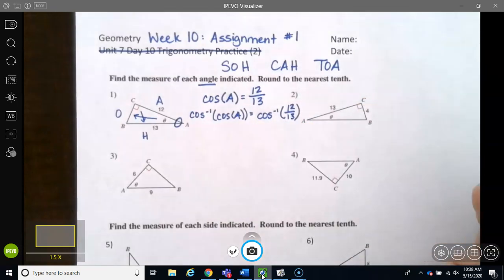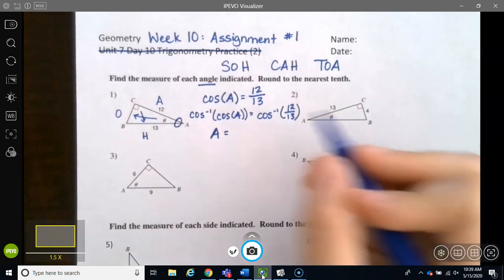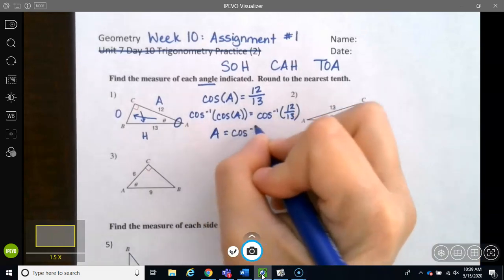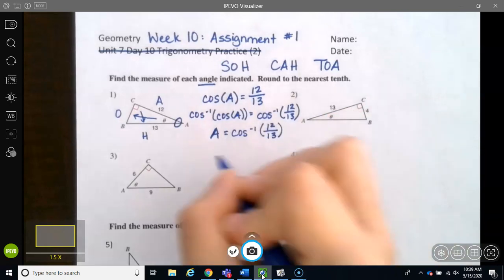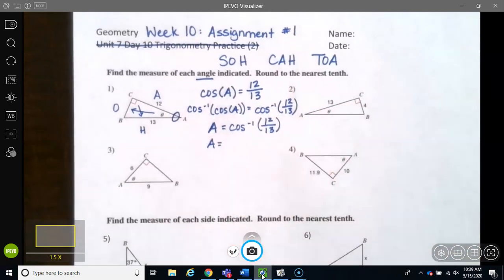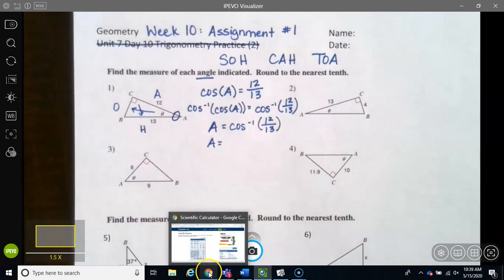So when we do that, that cancels out the cosine on the left side, so we're left with A is equal to cosine inverse of 12/13. So A equals whatever that is when we type it into the calculator. And if there's not enough room to do all your work on here, you can always do it on a separate sheet of paper, of course.